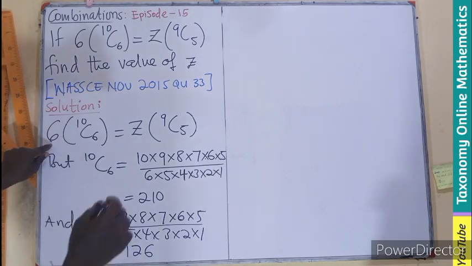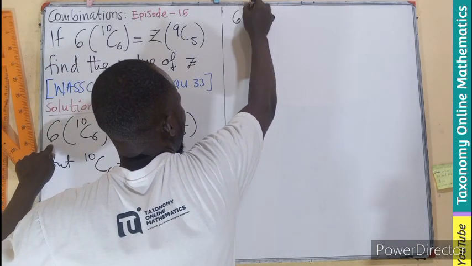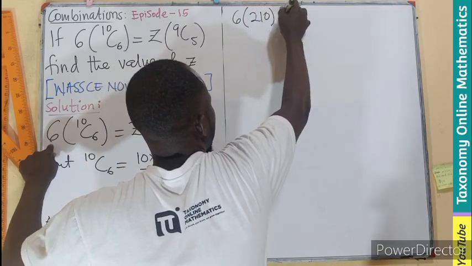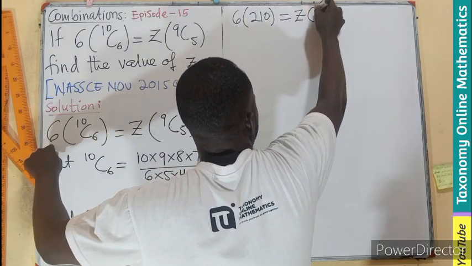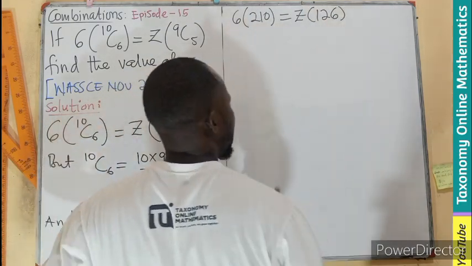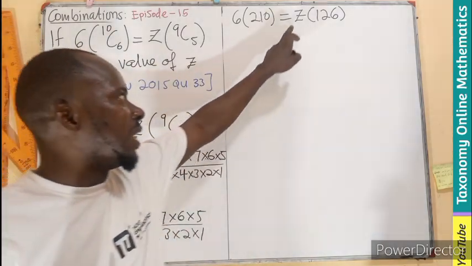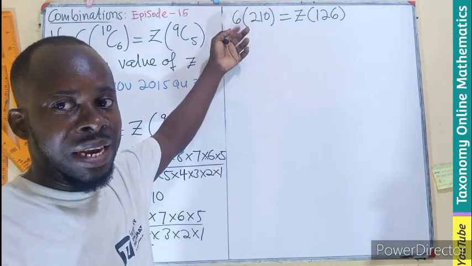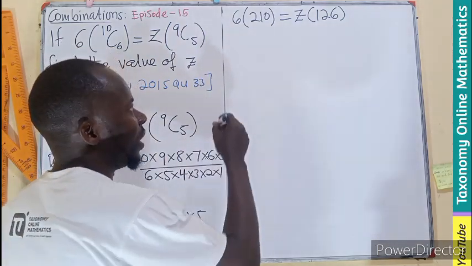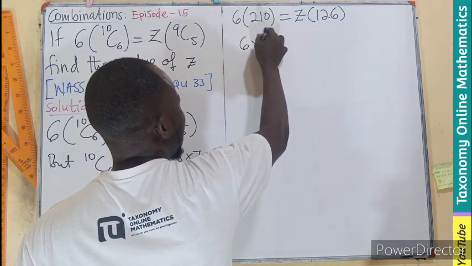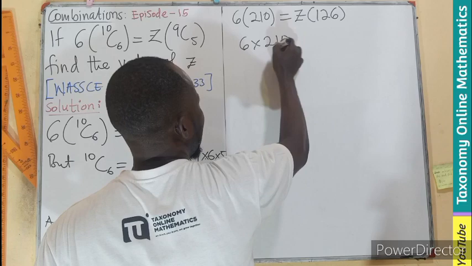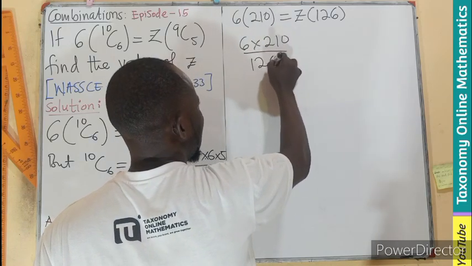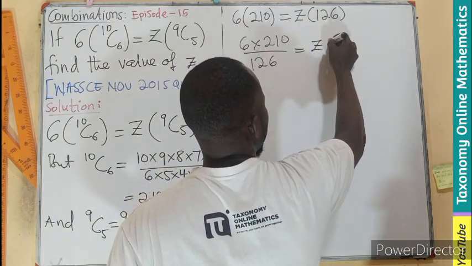So fast forward, we now have 6 multiplying 210 equals z multiplying 126. What do you think we are going to do? We need the z, so we divide both sides by 126, even without multiplying the 6 by the 210. So this means that I still have 6 times 210 divided by 126 equal to z.